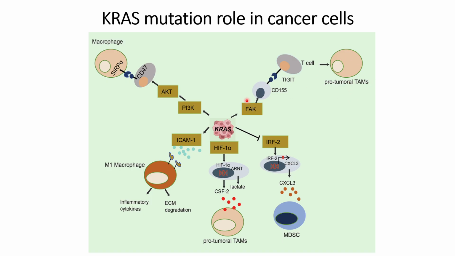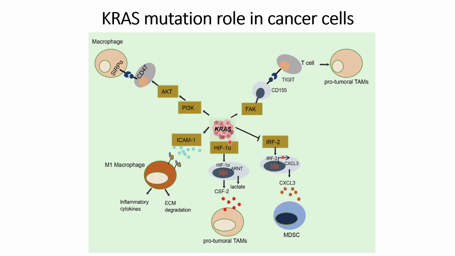So by inhibiting these two cell surface receptors on KRAS cells, people have seen a reduction in immune evasion, and they can revive the immune sensitivity against tumors with KRAS mutations.